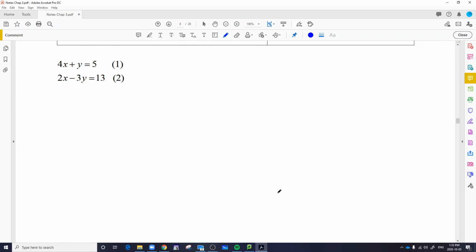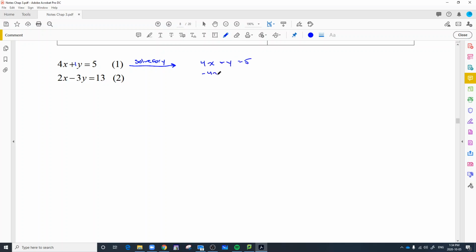So here we go. I'm telling you that you have to solve this system by substitution. I'm going to take an equation, and I'm going to look at both my equations actually, and I'm going to look for the one that has a variable with a coefficient of 1. So here's my equation. I'm going to take this one, and I'm going to solve for y. When you solve for y, you've got 4x plus y equals 5.